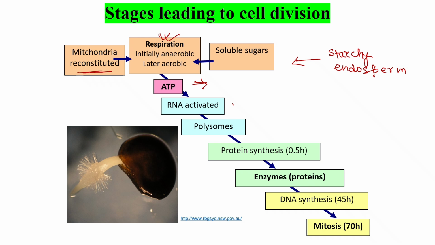Next, RNA is activated and later protein synthesis begins. After protein synthesis, all enzymes, which are also proteins, are activated. Enzymes are activated, DNA synthesis occurs, that is replication occurs, and mitosis begins. So in these processes, cell division or mitosis begins, resulting in seed germination.